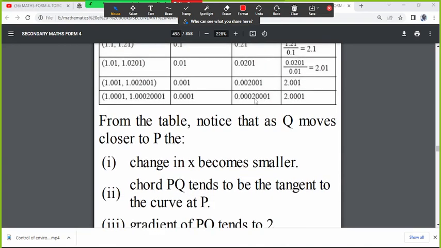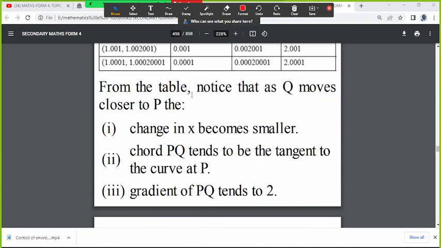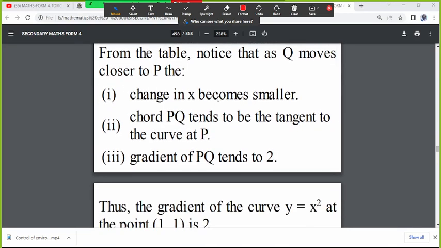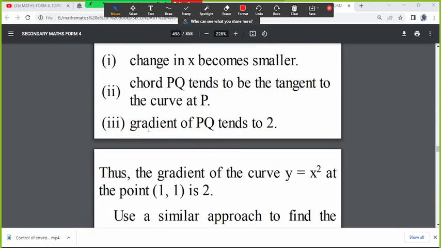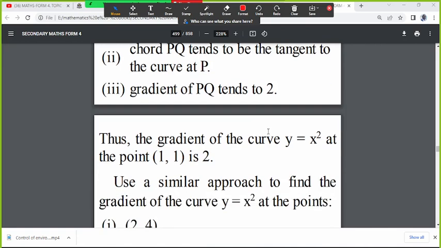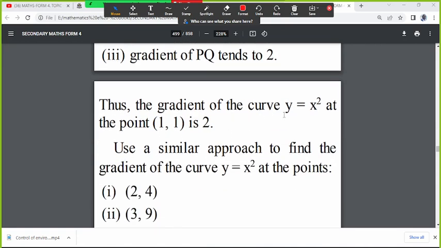From the table, notice that as Q moves closer to P, the change in x becomes smaller. The chord PQ tends to become a tangent to the curve at P, and the gradient of PQ tends to 2. Thus, the gradient of the curve y equals x squared at the point is 2.